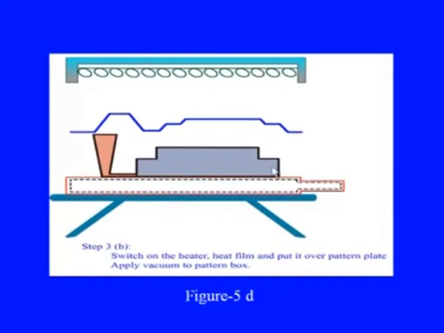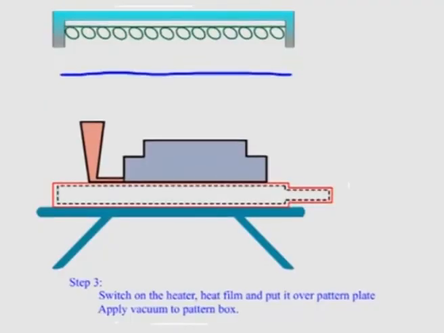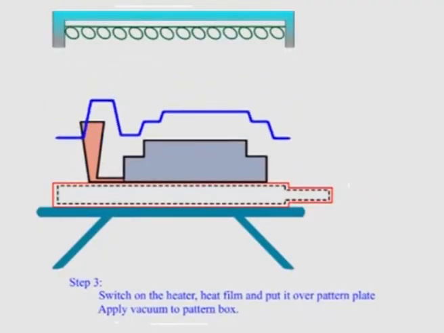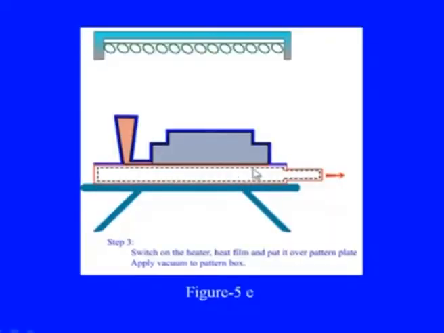The film is heated and put over the pattern plate, then vacuum is maintained. In this step, the vacuum is maintained on the pattern box.